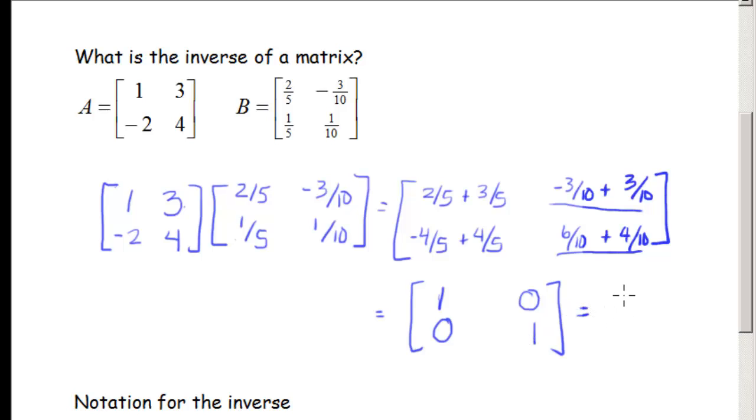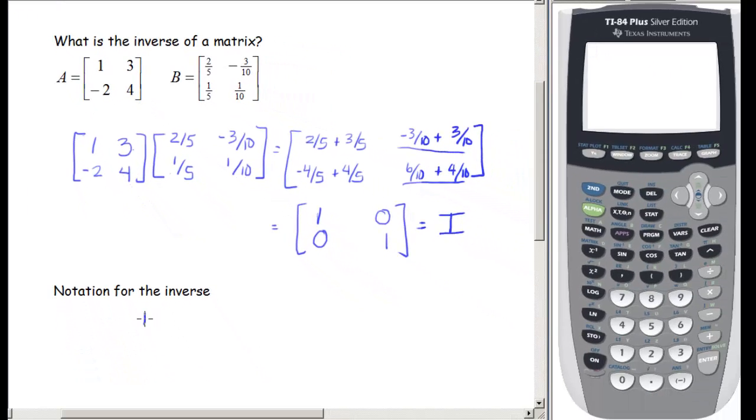So this matrix is that special matrix that we call the identity, where we have ones along the diagonal and zeros everywhere else. So whenever you have two matrices A and B, where A times B equals the identity, and this will happen that B times A will also equal the identity, then we say that these matrices are inverses of each other.